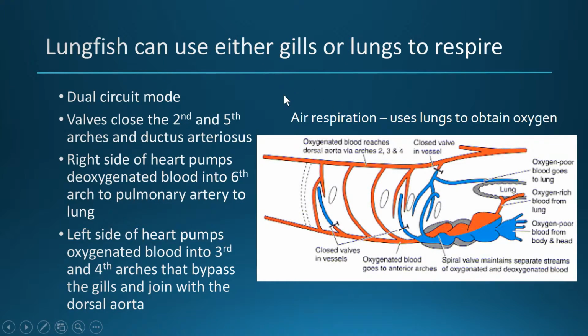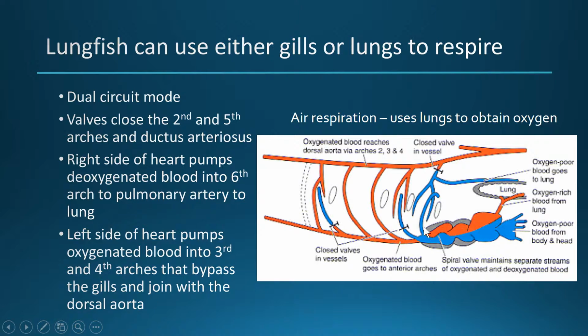When lungfish are trying to respire on land, they have to switch over to this double circuit mode. So what happens here is they've got some of the blood coming back to their heart that's poor in oxygen, and they need to separate that out, and the adaptations of the heart do that, and again, I'm not getting into those. But there are valves here that are going to close off the 2nd and the 5th aortic arch, and then there's a valve here in the ductus arteriosus that closes that off.